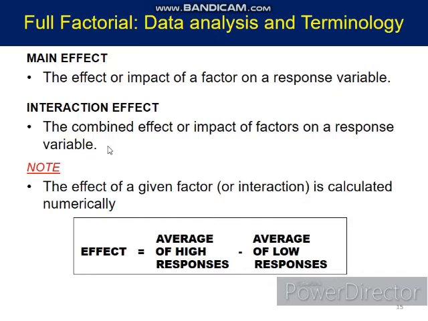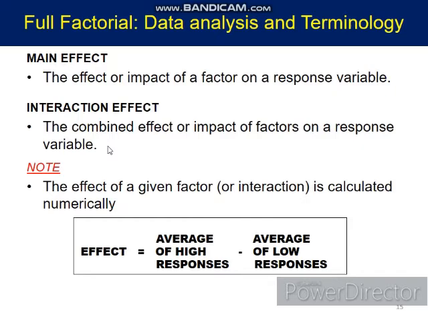The result of the analysis will show you the main effect and also the interaction effect. For example, the combined effect of temperature and number of eggs on the softness of the bread that you bake. So that's interaction effect.